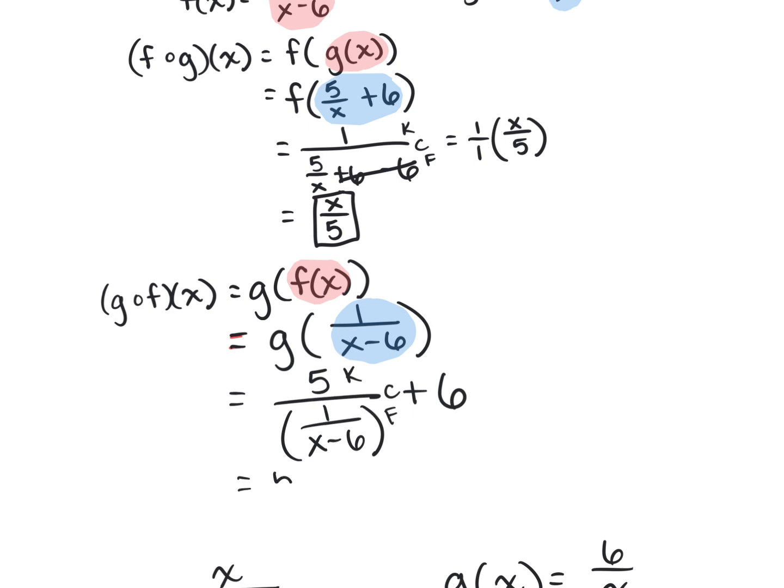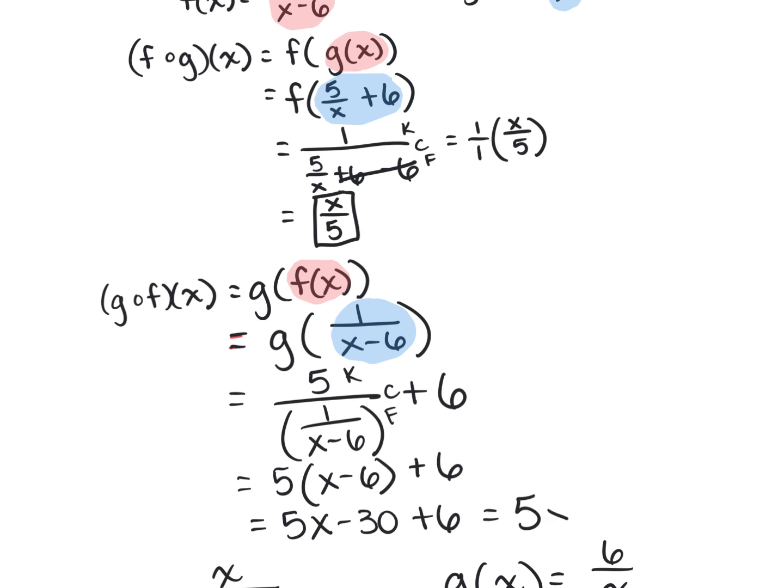So I'm going to keep 5. I'm going to reciprocate 1 over x minus 6, so that gives me x minus 6 over 1. And then I'm going to add 6 to it. So I get 5x minus 30, and I'm going to add 6 to that. So my final answer, and I've run out of room, so I'm going to keep writing over to the side instead of below. So that's going to be 5x minus 24. And that's what you type in online.